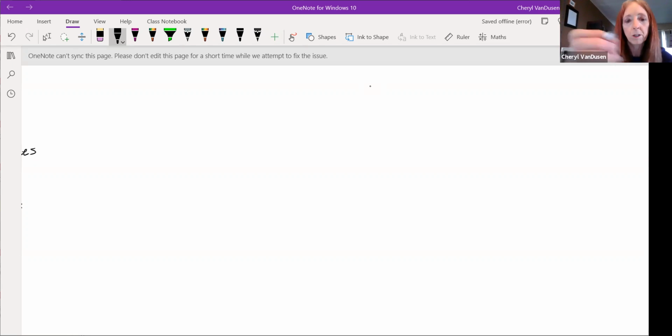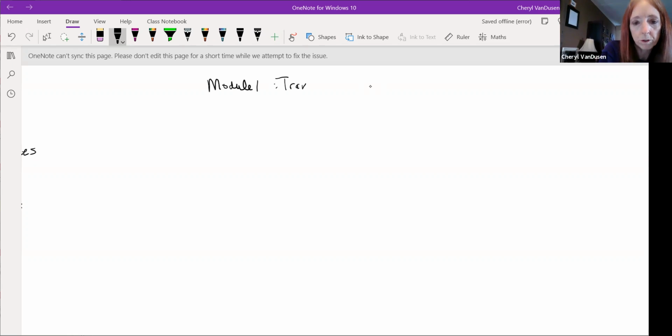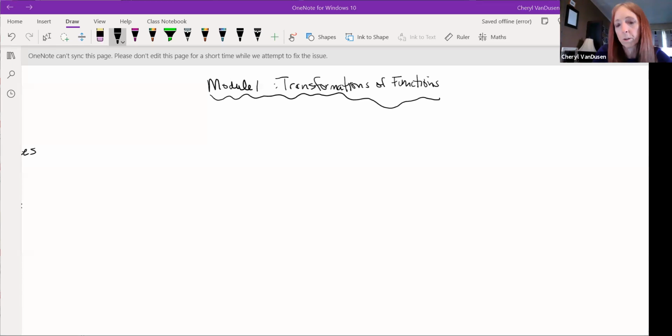But Module 1 in our course is entitled Transformations of Functions. And I personally think this is an excellent unit to start this course with, because once you learn how to transform the few functions that we talk about here, the information translates into the next module.